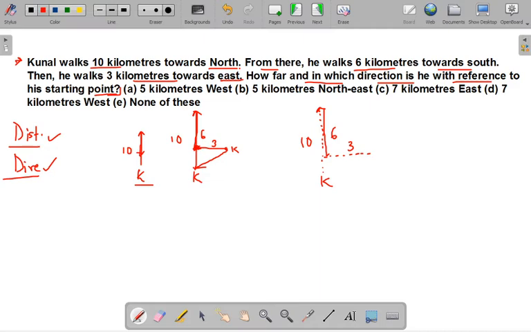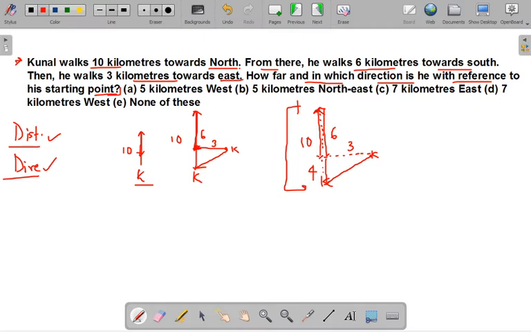So this is Kunal right now, and the distance between Kunal's starting point and current point is this. You have to find out. Now if this total is 10 and out of this 10 this much is 6, so automatically this part is 4.